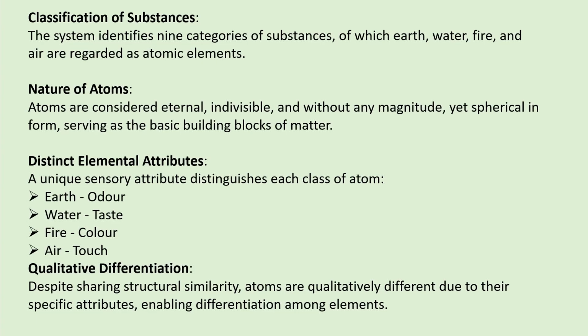Distinct elemental attributes. A unique sensory attribute distinguishes each class of atom: earth, odor; water, taste; fire, color; air, touch. Qualitative differentiation. Despite sharing structural similarity, atoms are qualitatively different due to their specific attributes, enabling differentiation among elements.